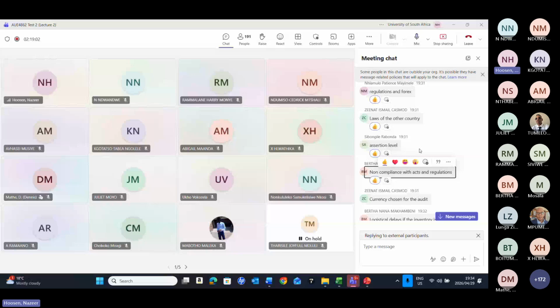Oh, brilliant. So we got the substantive procedures as well, because if you diagnose what the problem is, which is the risk of material misstatement at the assertion level, how do you fix the problem with the remedy, which is the substantive procedure? Or rather, how would you obtain assurance regarding that? You see what the problem is, the risk at the assertion level, and the substantive procedures, in essence, the remedy, to mitigate that risk to an acceptable level.